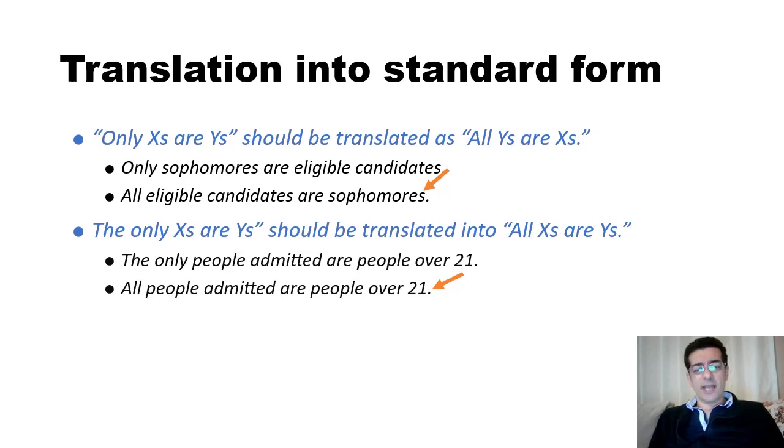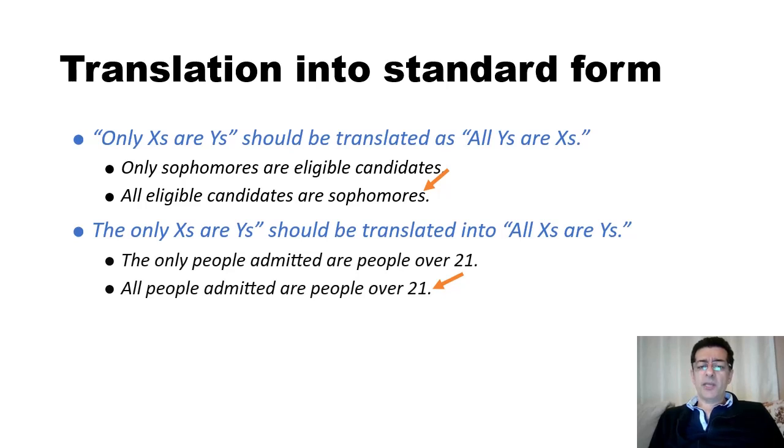Is this a standard categorical sentence or claim? No, it's not. So let's see what we should do. What is the subject term here? Sophomores. And the predicate term? Eligible candidates. Let's start with only.